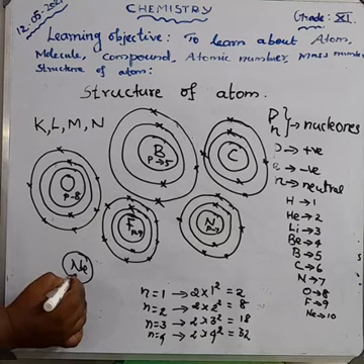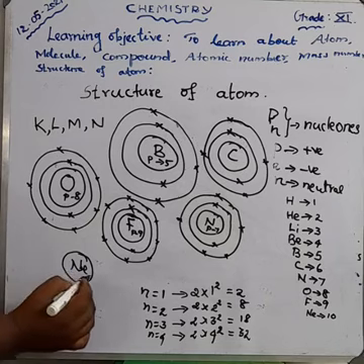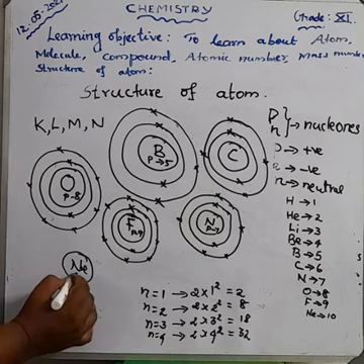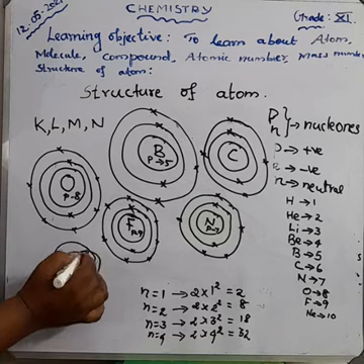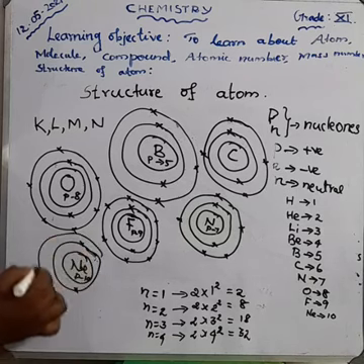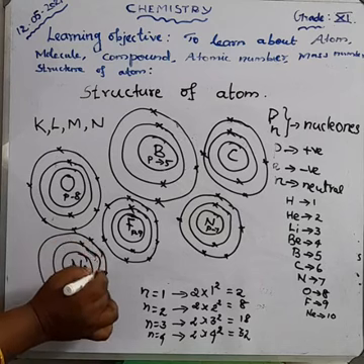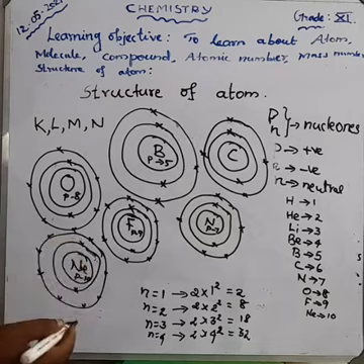Nucleus. Protons 10. So in the first orbit, how many electrons? 2 electrons and then the second orbit 8: 1, 2, 3, 4, 5, 6, 7, 8.